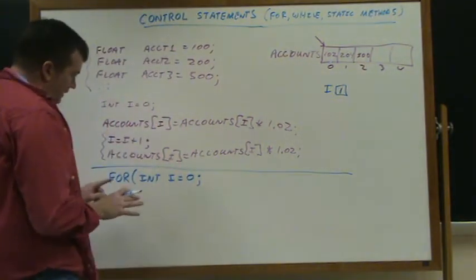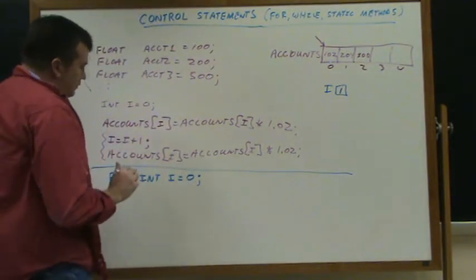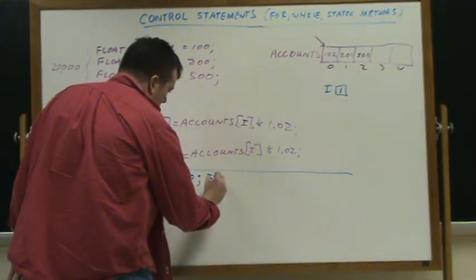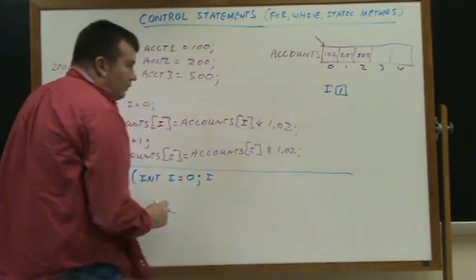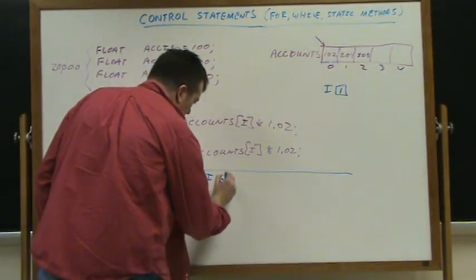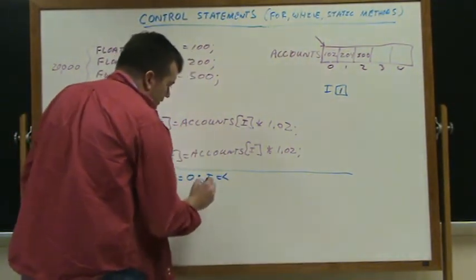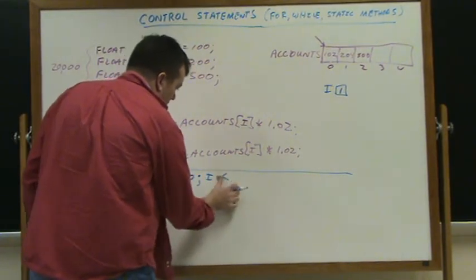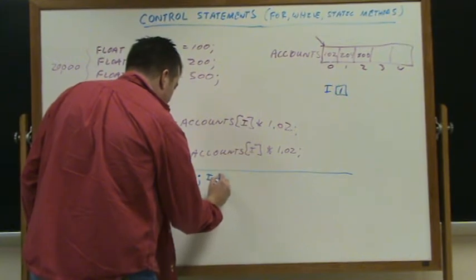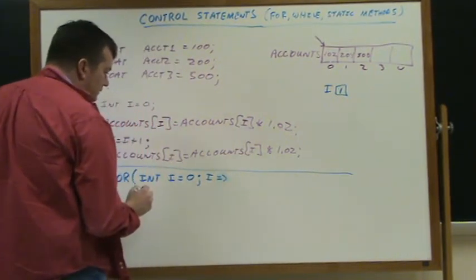The next thing would be, when would this stop? We want this to stop when I is equal to or greater than... oh no, wait, is it that or the other way? Equal to or less than. Yes, because you want it to cap at 20,000.